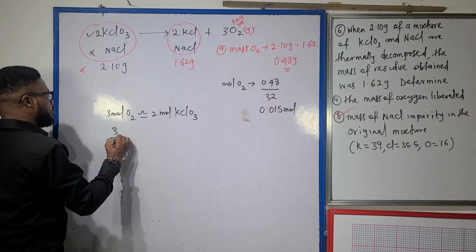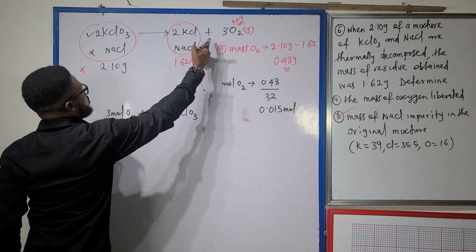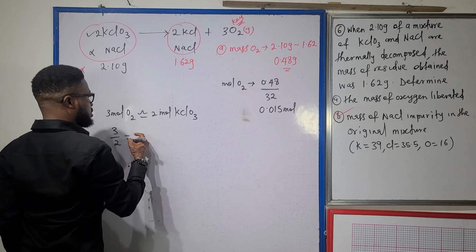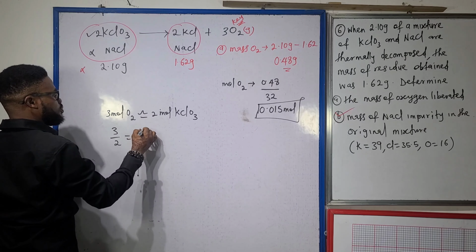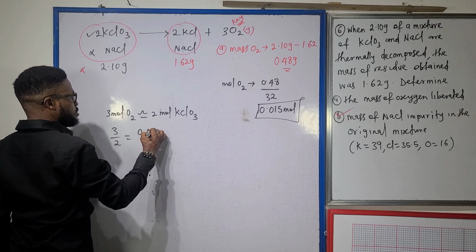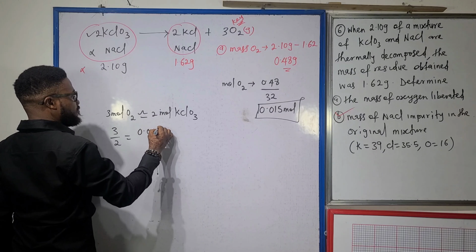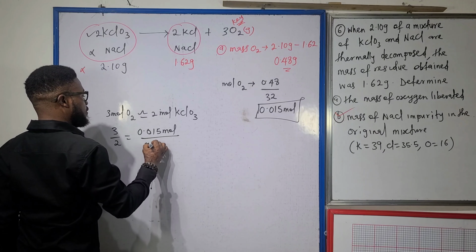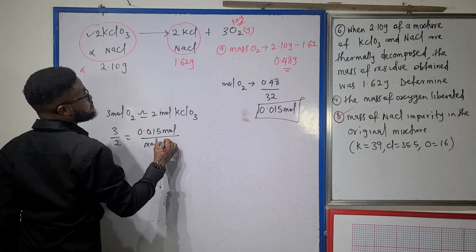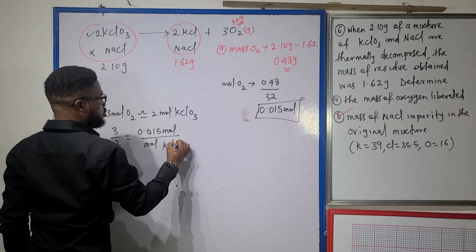So if I say 3 over 2, the mole of the oxygen that I have here, 0.015 mole divided by mole of KClO3.